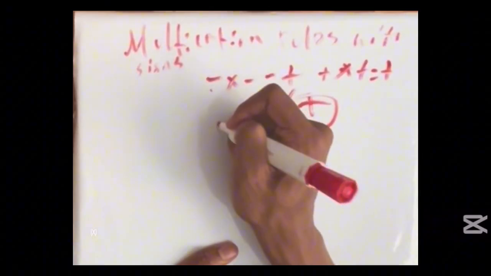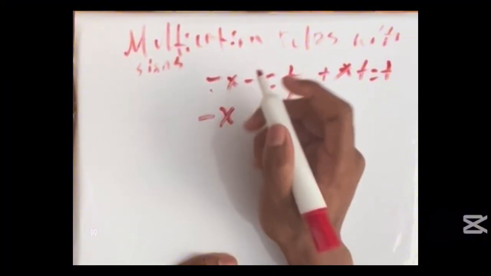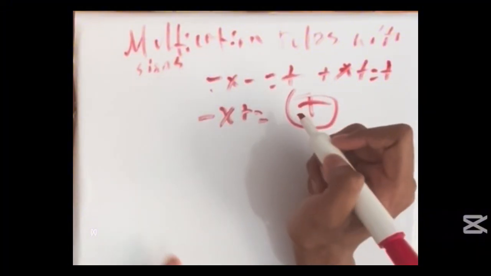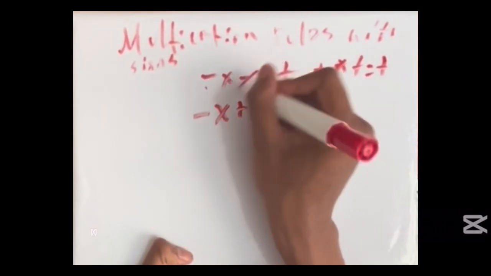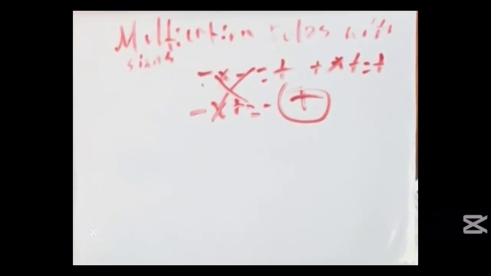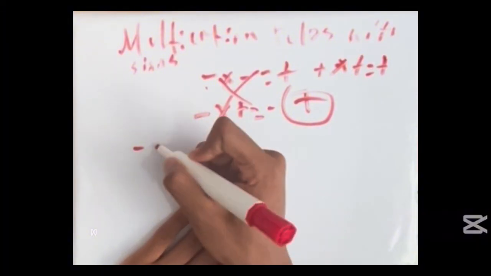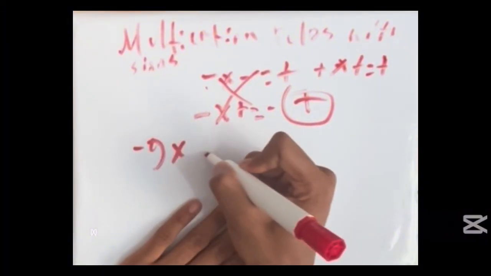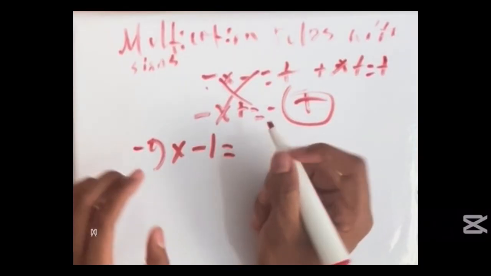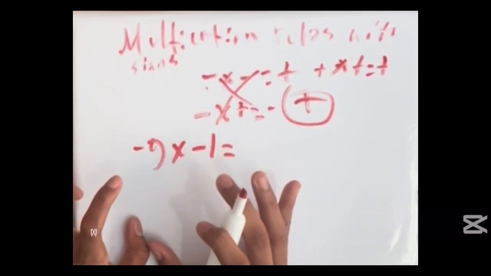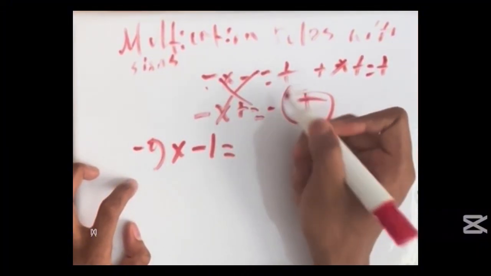But if you do the opposite, you multiply two different signs, such as negative times a positive, it's always going to equal negative no matter what. So let's do an example. Let's say you have -9 times -1. As we said, when they are the two same signs, you just do positive, right?